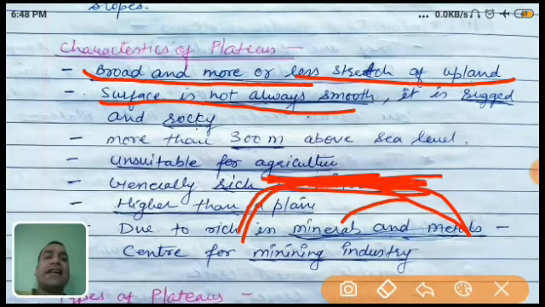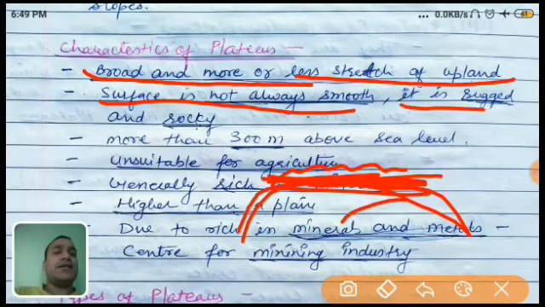We said it is table-like, but a table is very smooth, while the surface of the earth is always uneven. It is rugged and rocky because of the rocks. That's why its structure is not completely smooth, but rough.